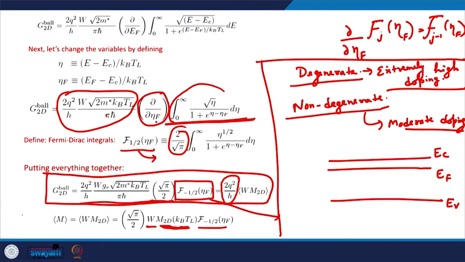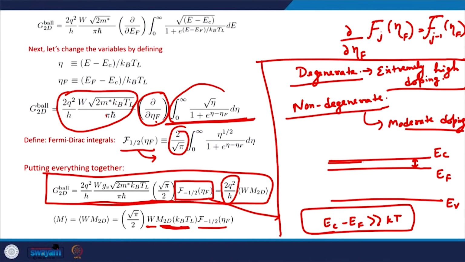this kind of semiconductor is a non-degenerate semiconductor, because this distance, EC minus EF, is many kTs. But if the doping is extremely high, the dopants are placed very close to each other in the semiconductor, and EF comes very close to the conduction band edge, or it may even go inside the conduction band. So the Fermi level may lie here.